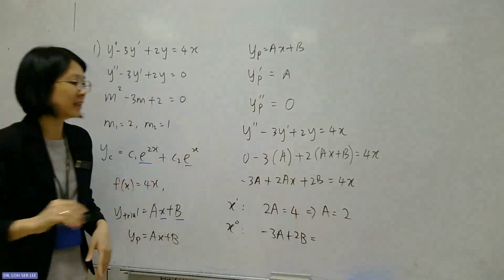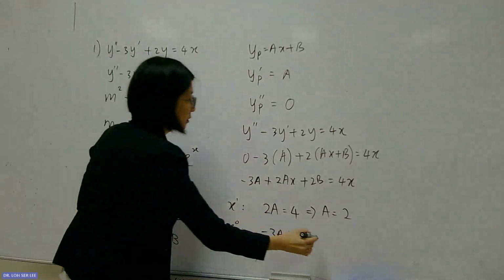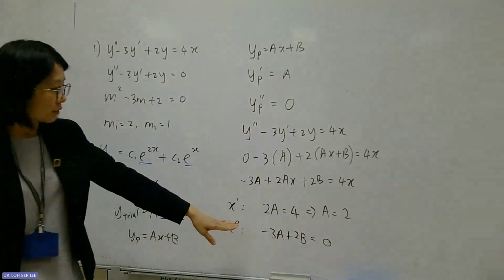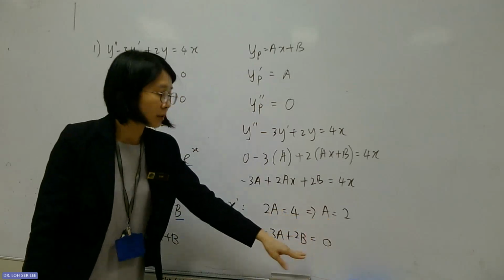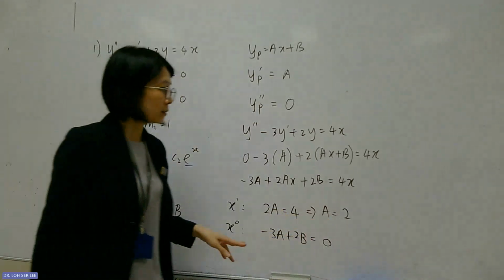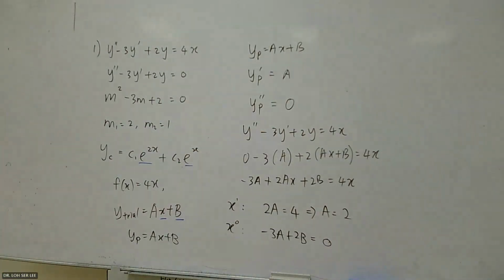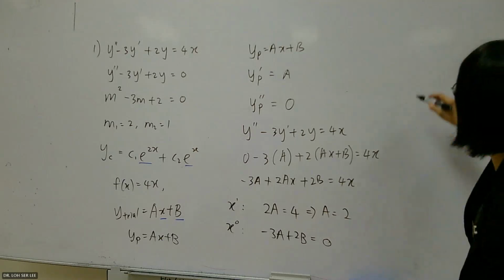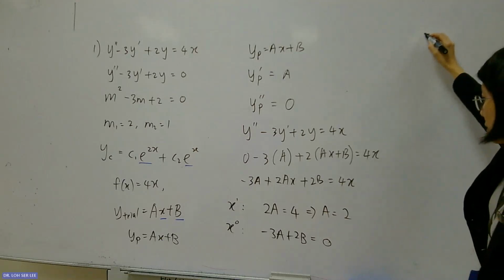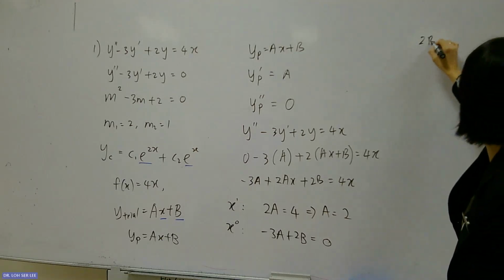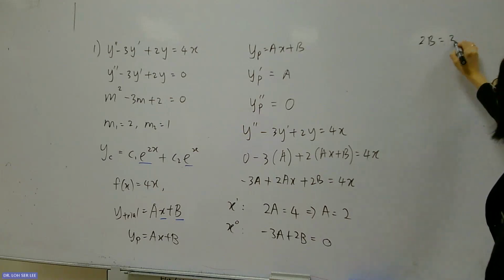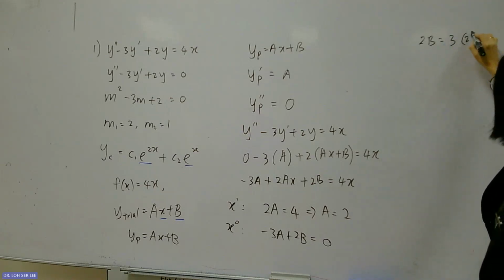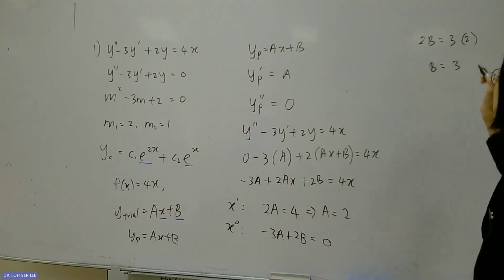And how about the right hand side? 0. So now with the value of a that is found, you can get your b. So your 2b is 3a, so your b is 3.